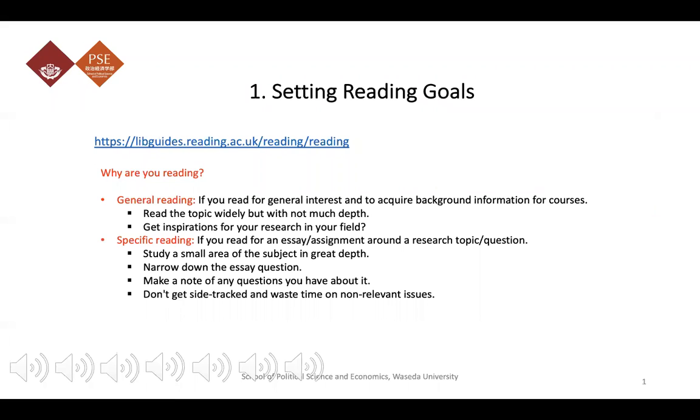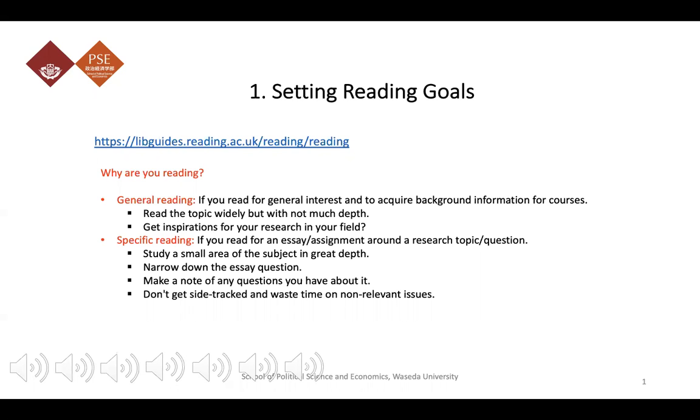If I categorize it briefly, there are probably two different types of academic reading for a student. The first type is general reading, which means that you read widely without a specific purpose, probably to gain some inspiration for your research. And the second type is specific reading.